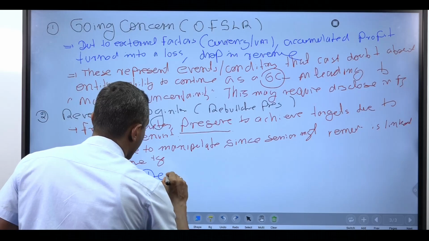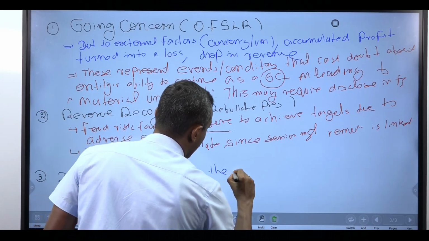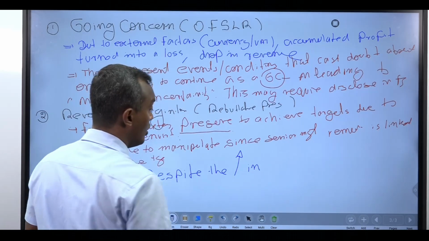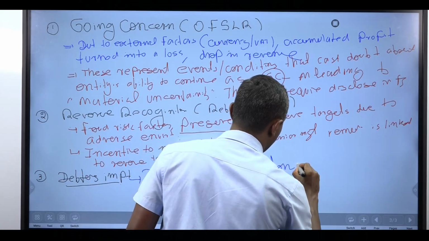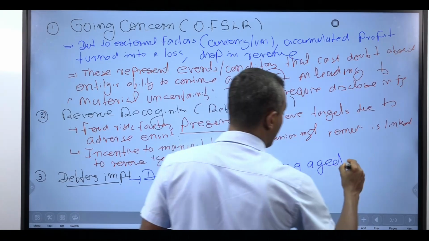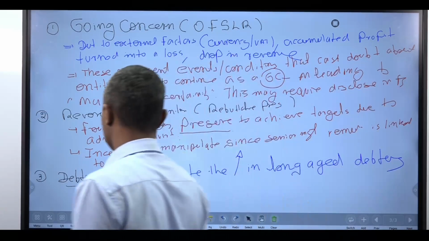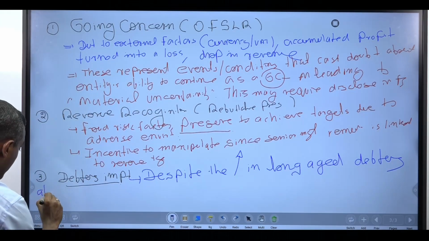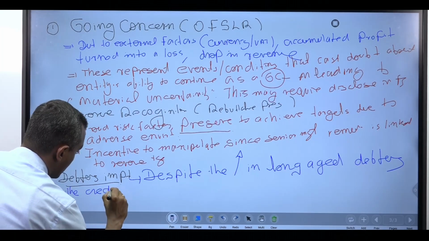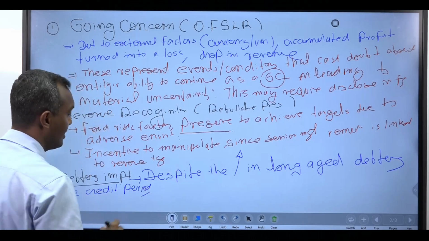the increase in long age debtors above the credit period, despite, that's how we started, comma, right?